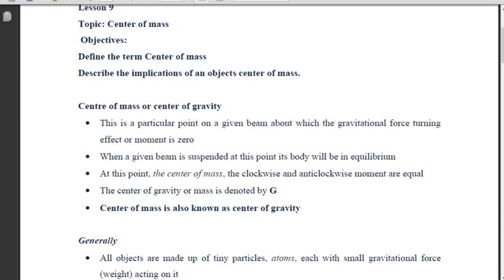So you can just pause the video and look at the two objectives.